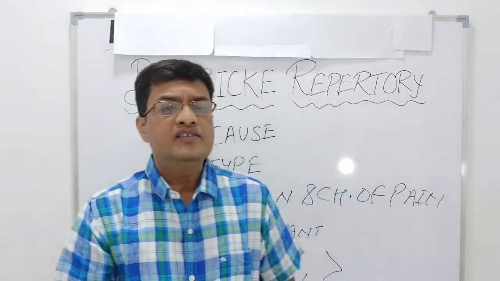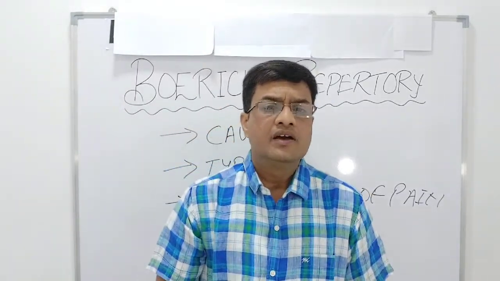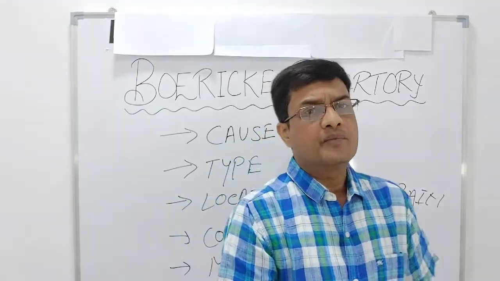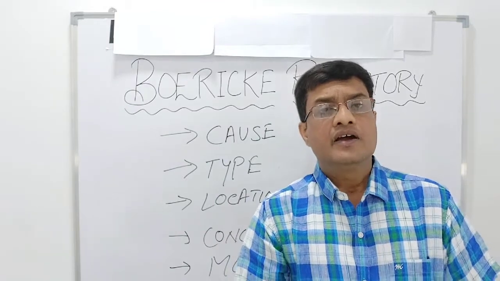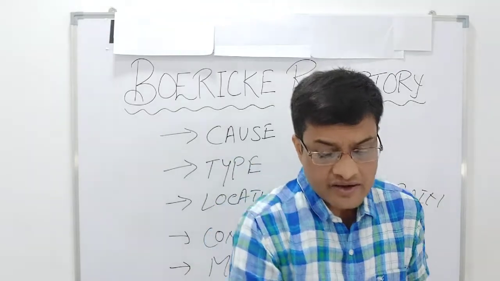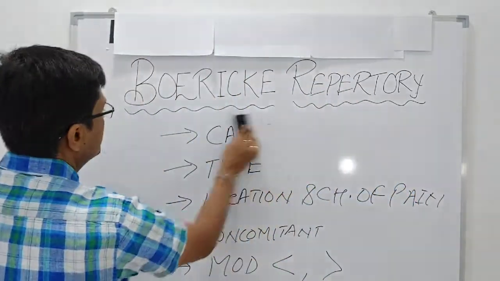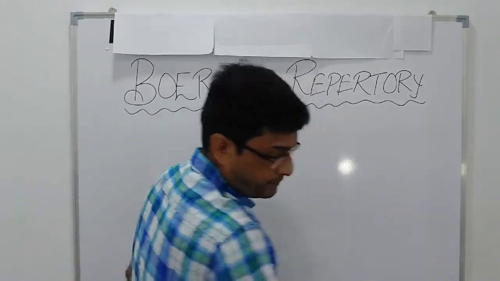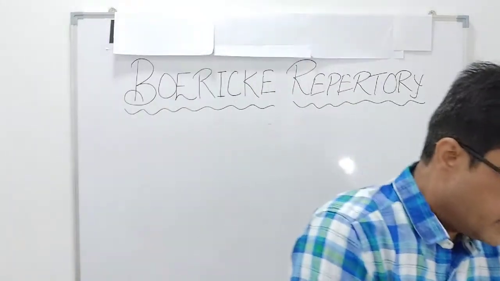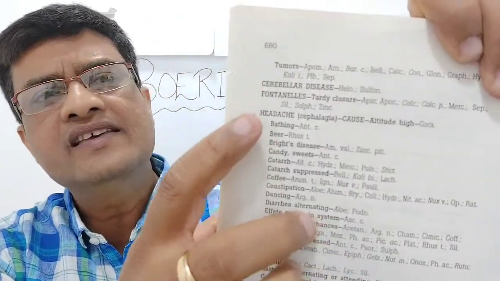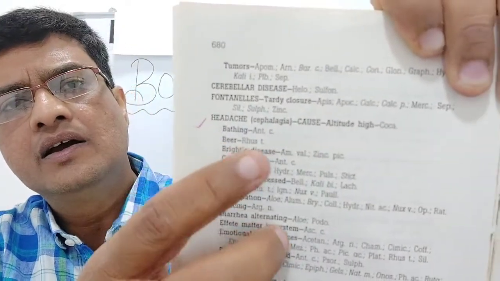Next, to preserve uniformity, the technical names of the disease or clinical terminologies are bracketed. It means after the rubric, in brackets, its clinical terminology is given. For example, after headache, in brackets cephalgia is written.